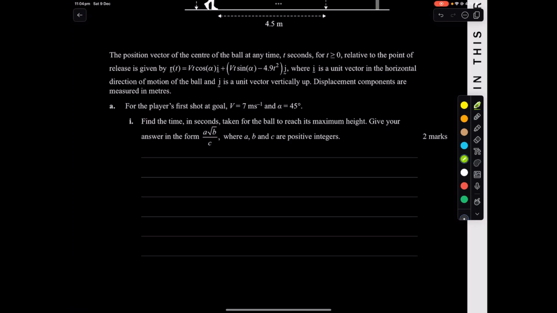So first what we did, because it's 2 marks, is find r dot of t, which is the velocity: 7 root 2 over 2 i plus (7 root 2 over 2 minus 49t over 5) j. That's your j.